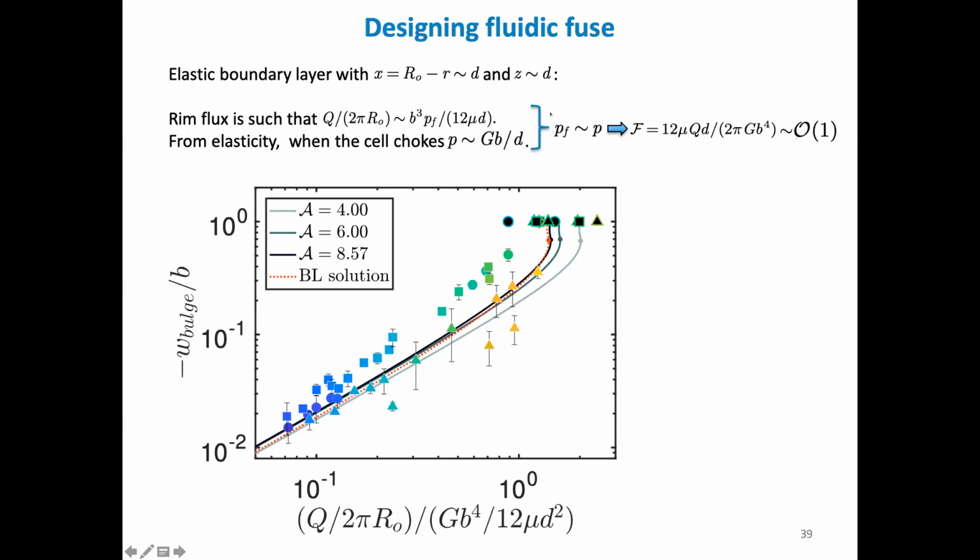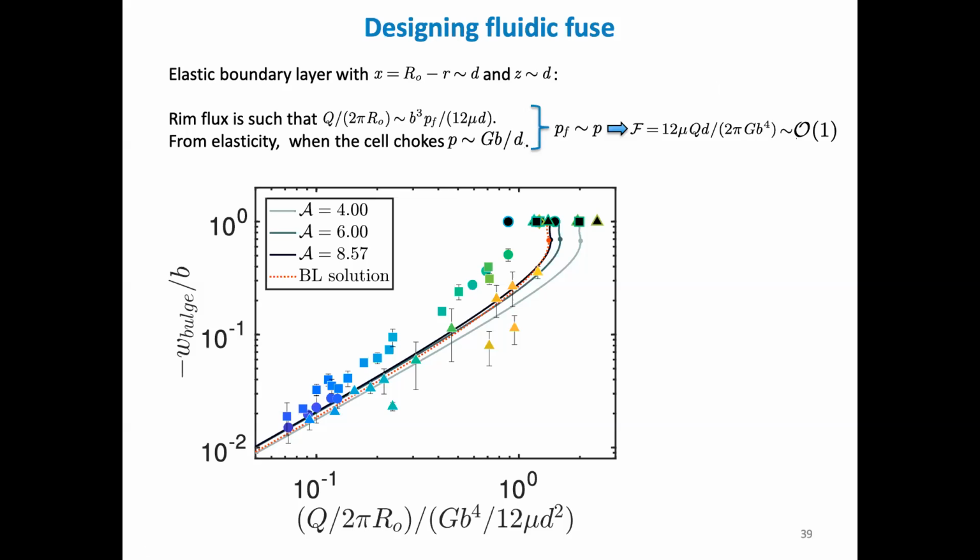And then by balancing the pressure in the fluid to the pressure that's needed for that to occur, we can extract the value for this fluid structure interaction parameter at which we expect our elastic wall to effectively shut down the flow and close off the gap near the edge of the cell. We obtained that, so according to our simple analysis, that value needs to be on the order of 1.